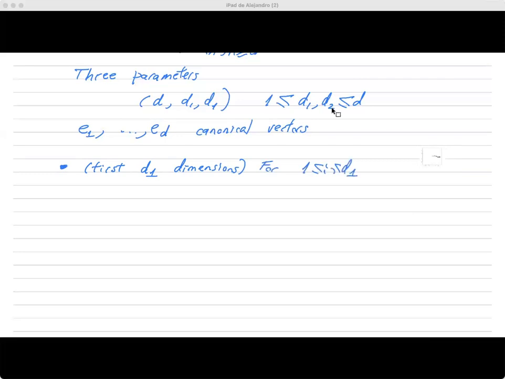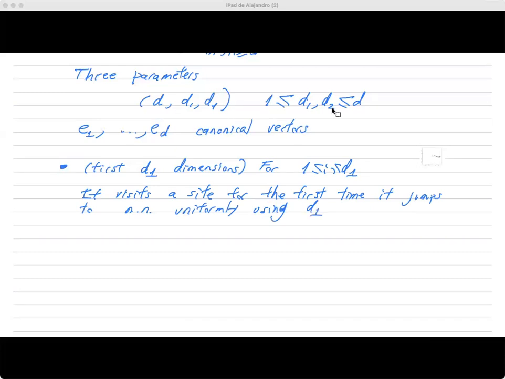In words, if the walk visits a site for the first time, it jumps to nearest neighbors uniformly, using only the first d sub 1 dimensions.